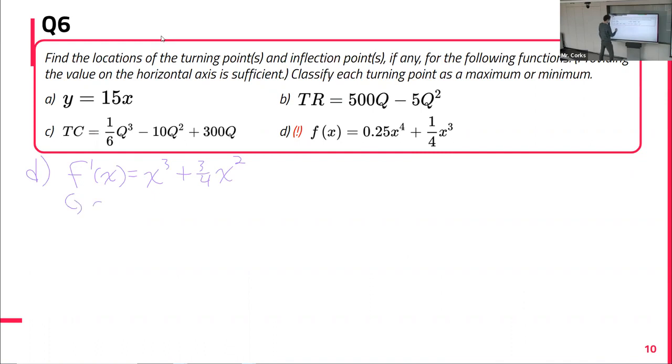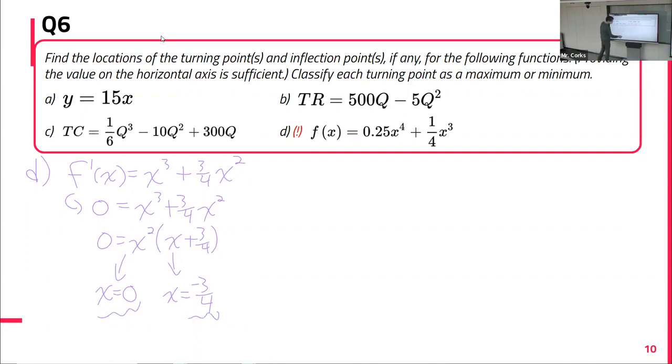And we set this equal to 0. How can we try to solve? Okay, so factor out the x squared here. So x plus 3 over 4. And then our two solutions: x will be 0 or x will be equal to -3 over 4. Okay, so two of these points here.